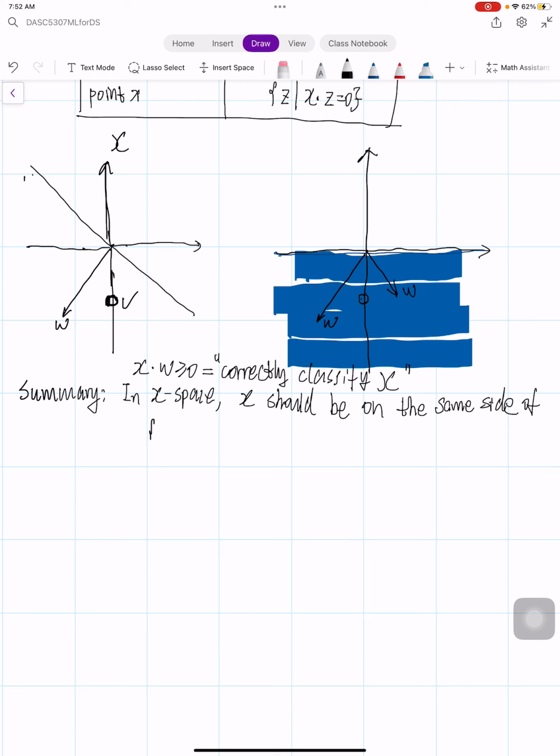The decision boundary is omega dot product with z equal to 0. If we want to correctly classify this point, we need an omega such that this point is on the right side of this decision boundary.